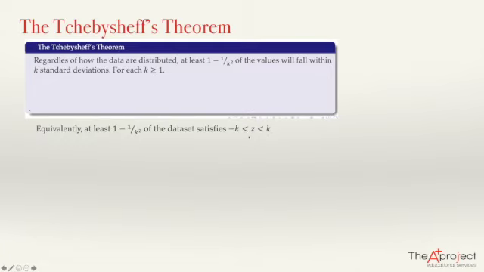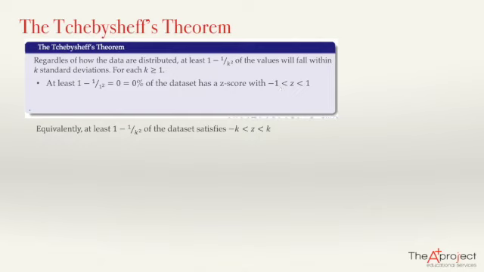And this will be true for each value of k that is greater than or equal to 1. For 1, for example, it will be true. So I can say that at least 1 minus 1 over 1 squared of the data set has a z-score between negative 1 and 1.